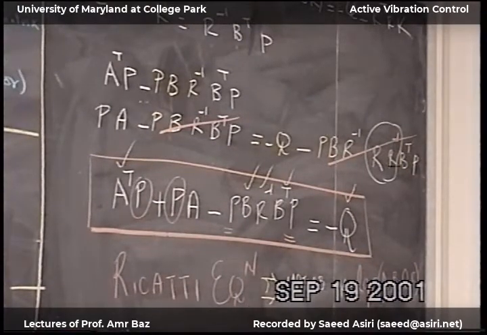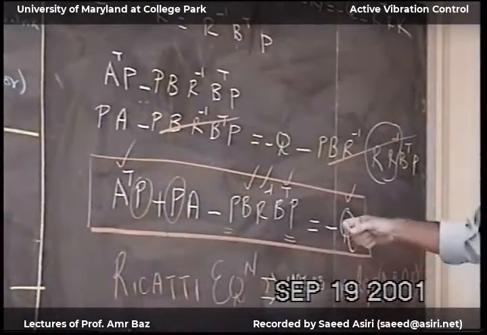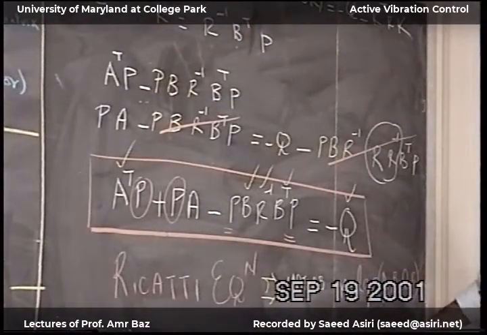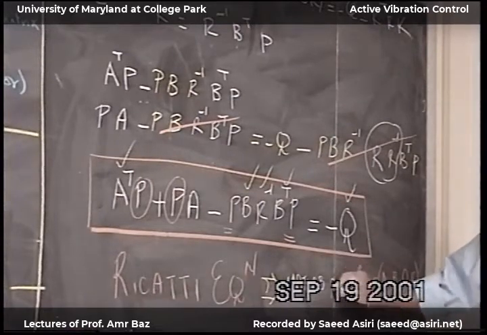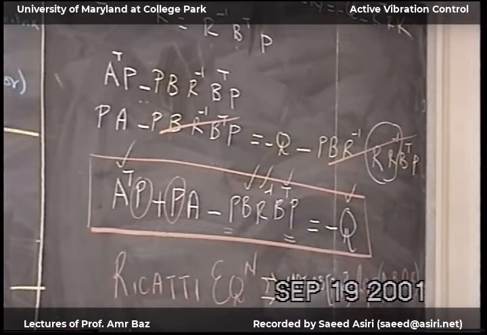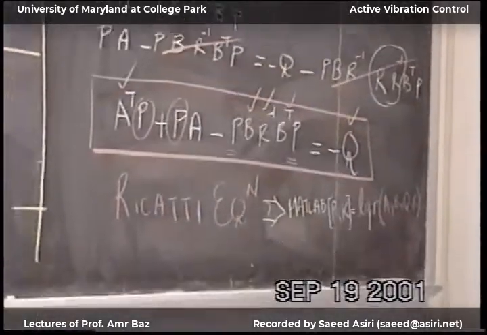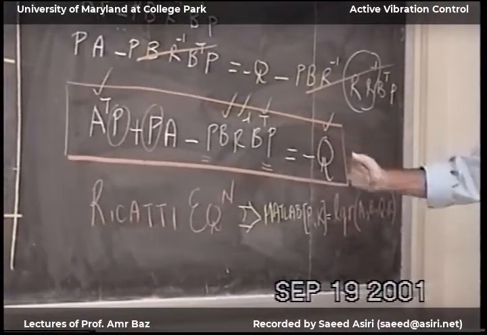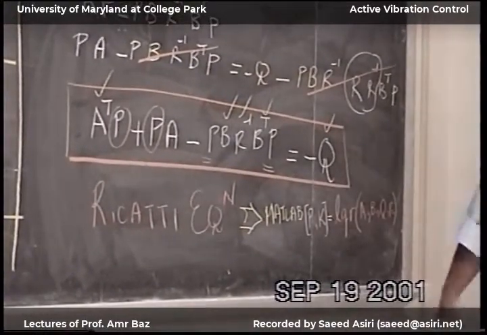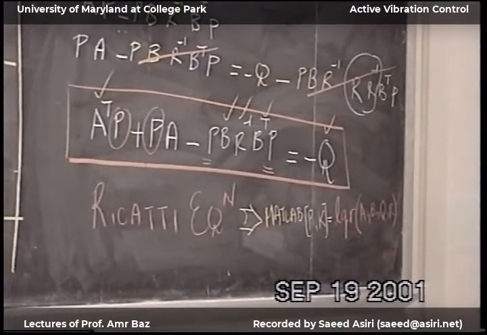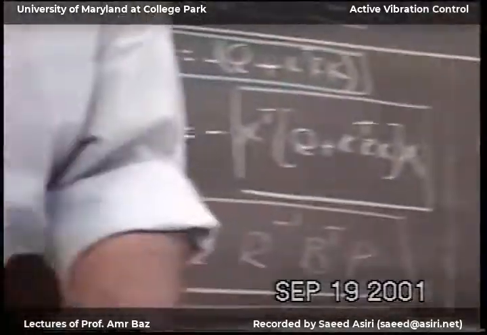And the solution will give you the gain, and if I want more information about the P, then I can also come here and put the P and the K in between square brackets, then you get the solution. Next time I'm going to show how to solve this in a very simple way, so we can compare the simple way, which is the Hamiltonian matrix, with the linear quadratic regulator. It's enough. You took 4 minutes more than your time, so we'll have a good weekend, and we'll see you next week.